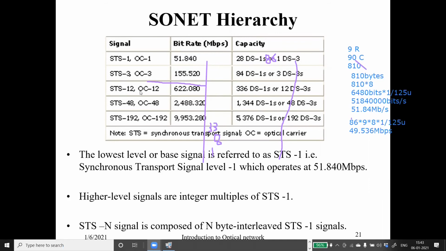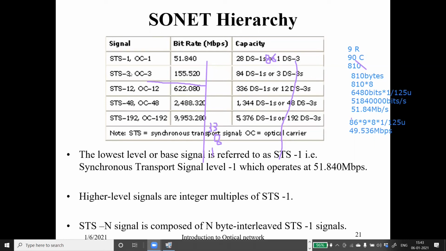Similarly, for STS12 you multiply the base rate by 12. So this is how we calculate the base rate for STS12, STS48, STS192. Whatever the synchronous level is, you multiply by it to get the base rate of that particular frame.